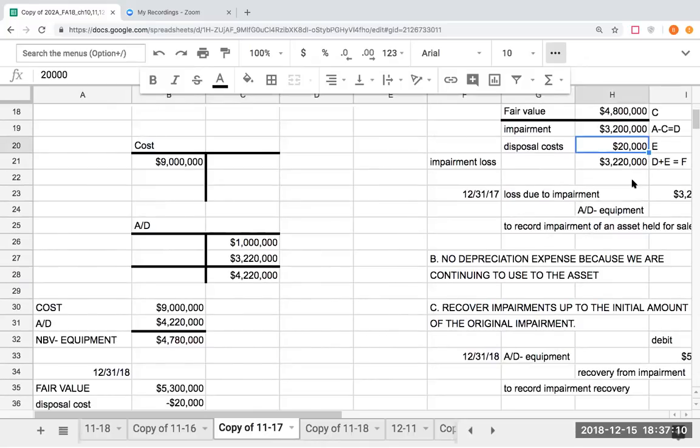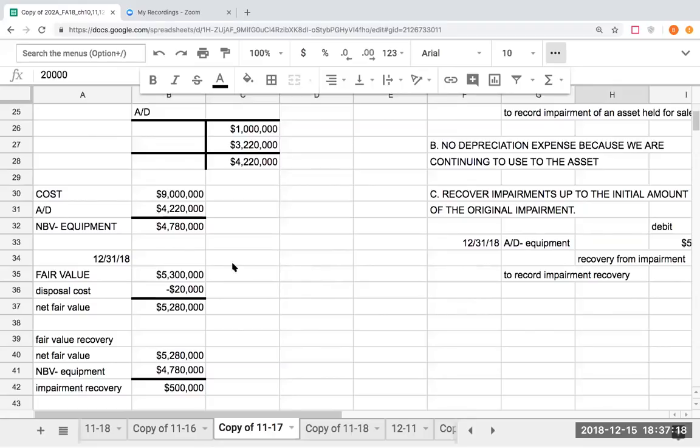That's going to be reduced, and that's going to be increasing my overall impairment compared to the last question. And if I've gone up in fair value, remember that it's really about the net fair value. So it's this fair value minus the disposal costs that gets you the new net fair value, which you're comparing to the net book value of the equipment.